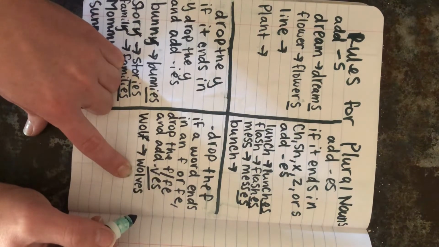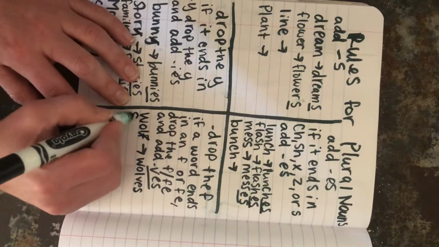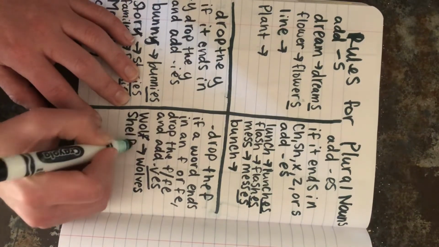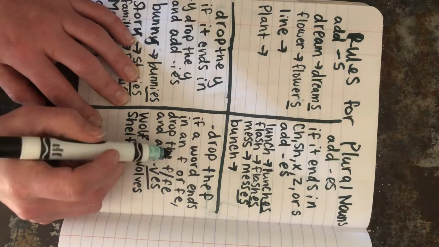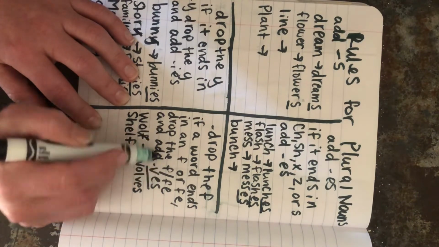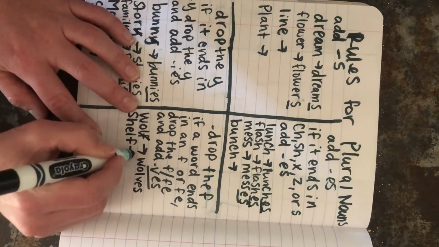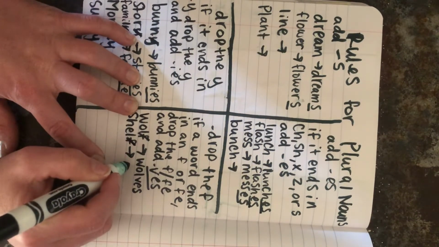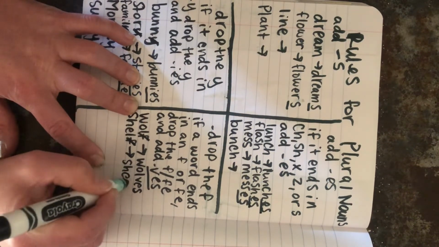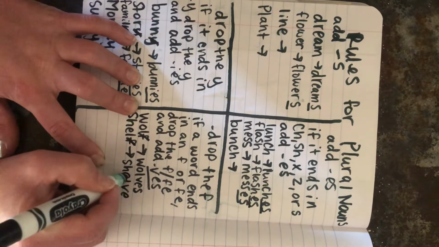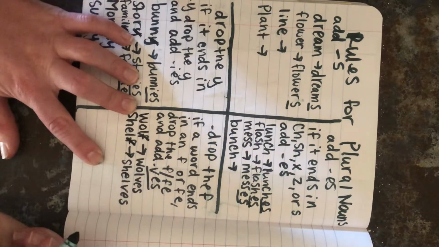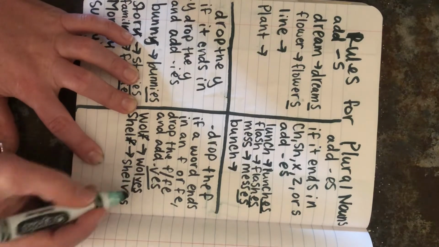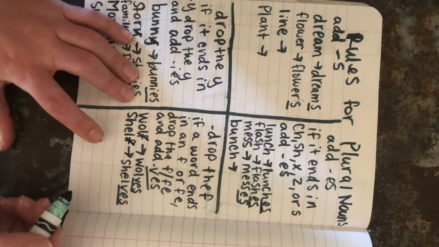Next one, shelf. If I want to make this plural, I have to drop the F and add V-E-S. Shelves. Just like that. Make sure you're underlining what's making it plural.